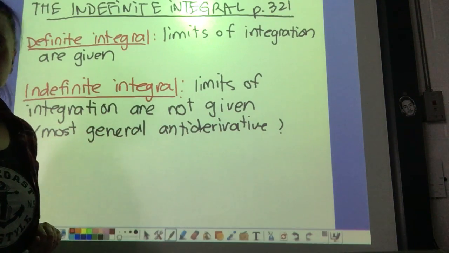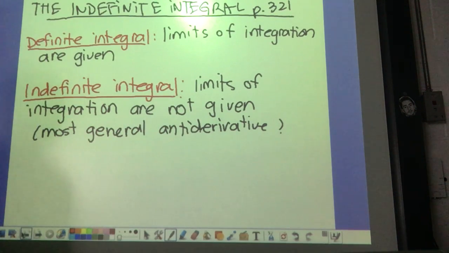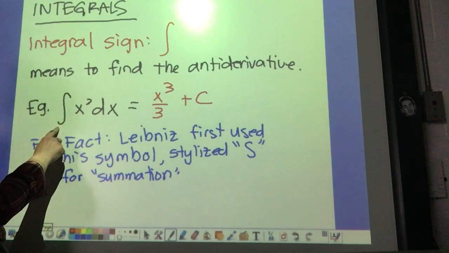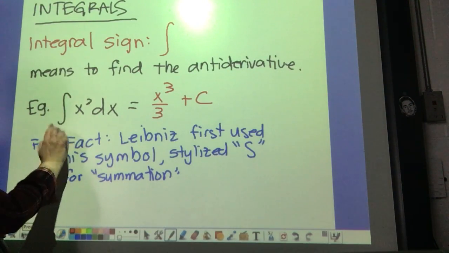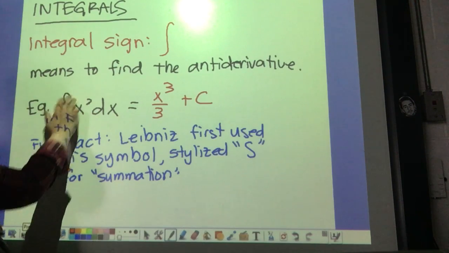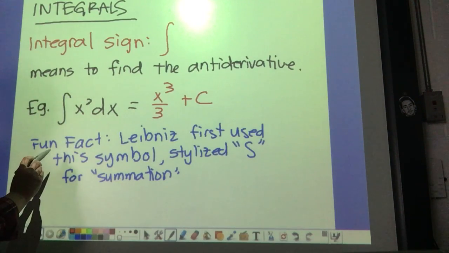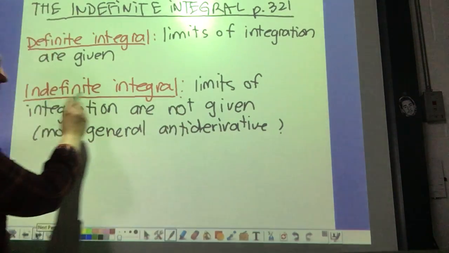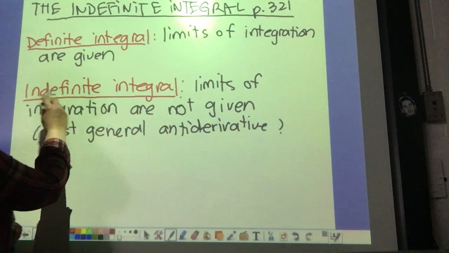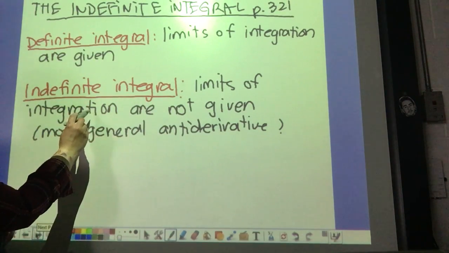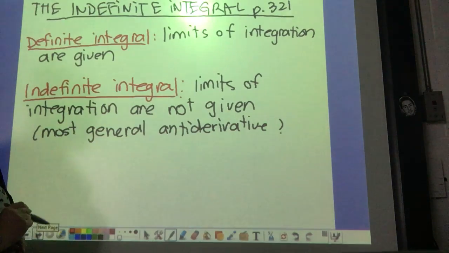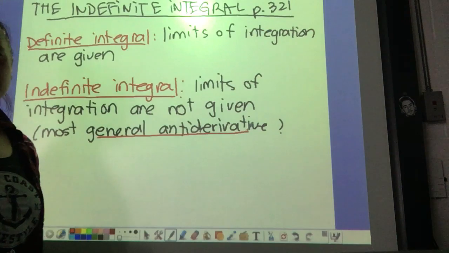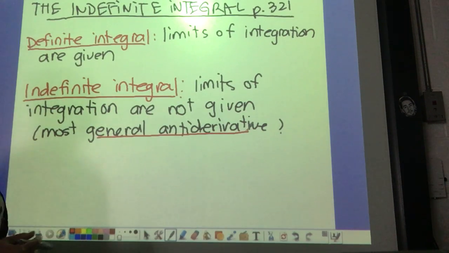That's what we did yesterday: there's no lower or upper boundary. If you're just given the integral sign with no limits, that is an indefinite integral, which is the same thing as finding the most general antiderivative. So today's lesson is exactly the same as last lesson, but just with the integral sign.